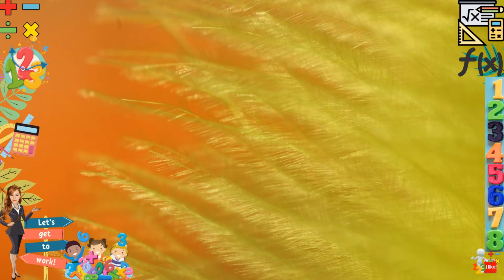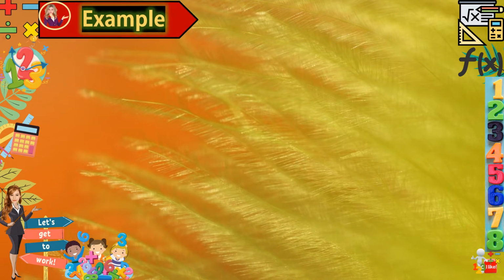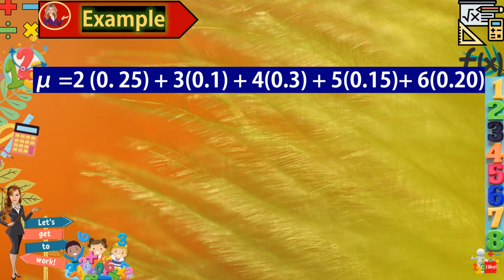Let us now compute using our own computation device. Mu is equal to 2 multiplied to 0.25 plus 3 multiplied to 0.1 plus 4 multiplied to 0.3 plus 5 multiplied to 0.15 plus 6 multiplied to 0.20.